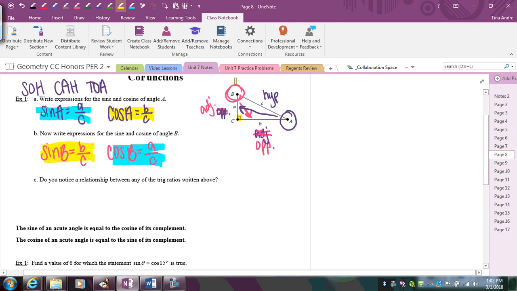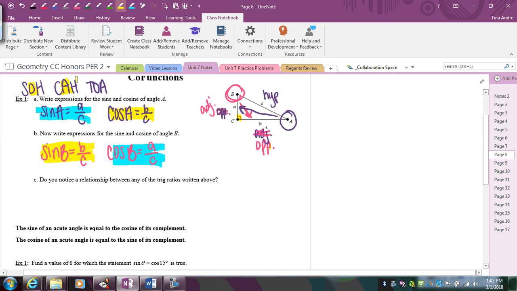The reason for that is that the only difference in our ratios is the opposite and the adjacent. If you're looking at angle B, the opposite of angle B is the adjacent to angle A. Since those are the only differences between sine and cosine, if you're looking at the opposite of one and it's the adjacent of the other, that's why they end up being the same.